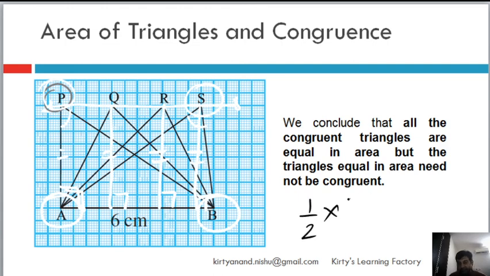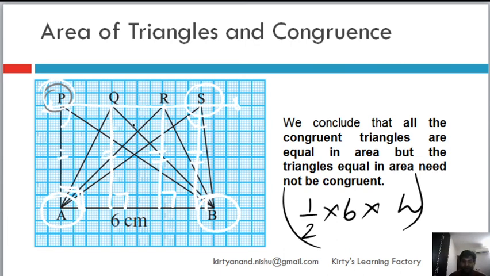Base is AB, which is 6 centimeters, and then whatever is this height. Because all the four vertices are on the same line which is parallel to the base, the height is going to be the same, right? So the area of all these four triangles is going to be equal, but they may or may not be congruent.